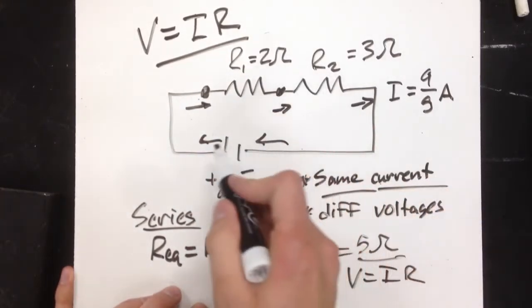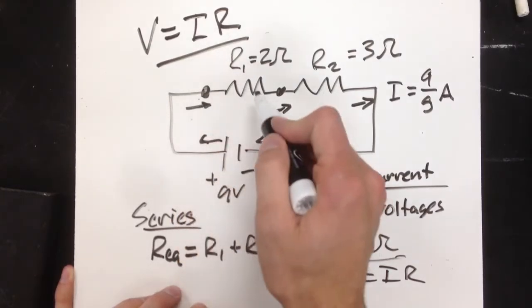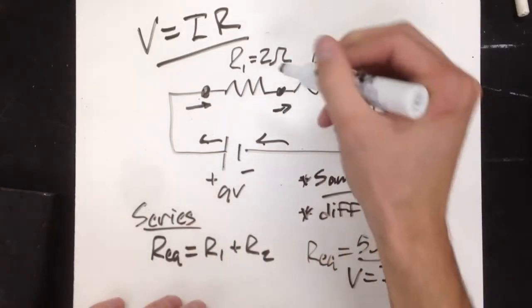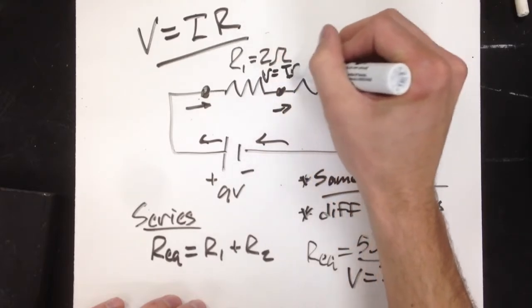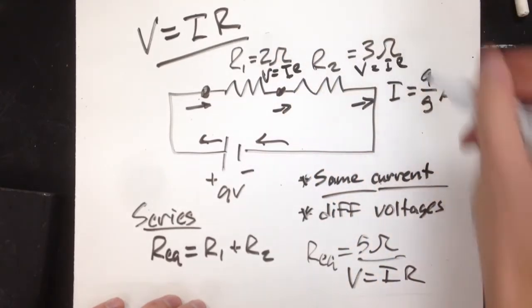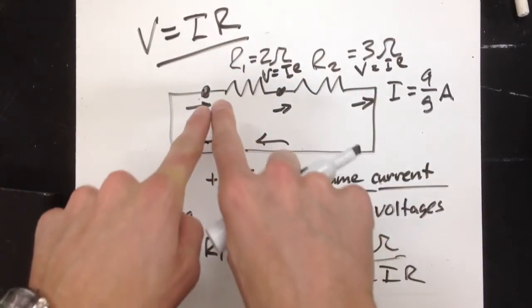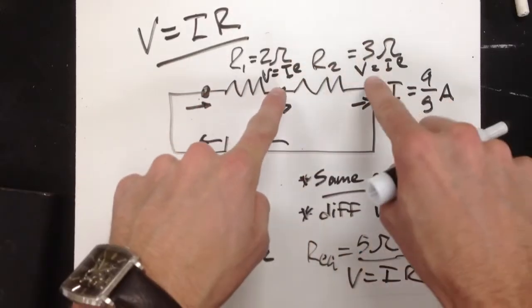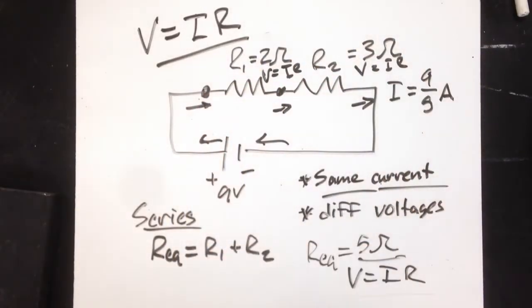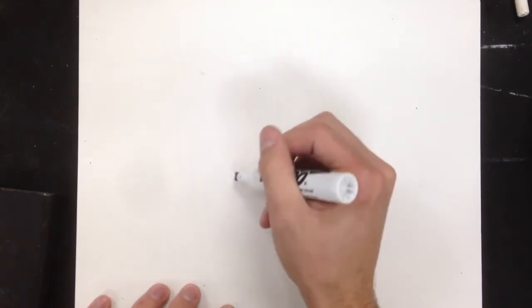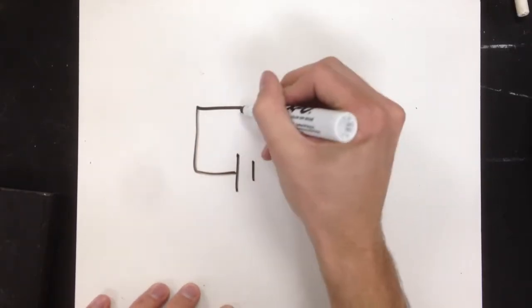Well, now we can do V equals IR for each individual resistor. Doing that, we could get the voltage across each. Now, spoiler alert, the voltage across this one plus the voltage across this one will equal 9 volts, thereby abiding by the loop rule. Now, what about resistors that are in parallel with each other?